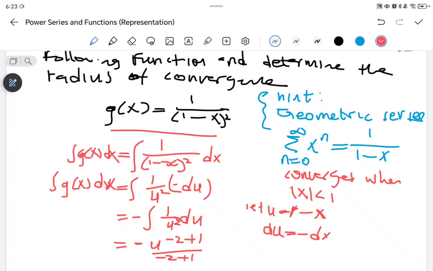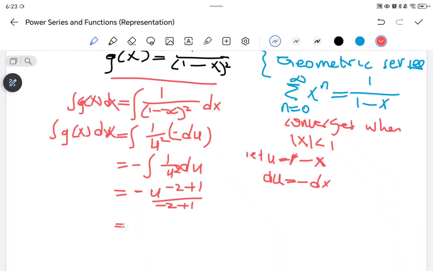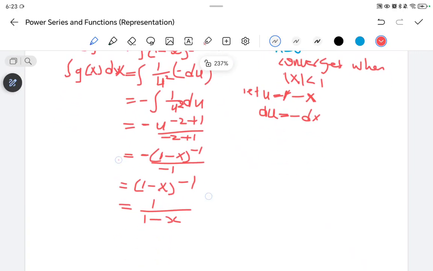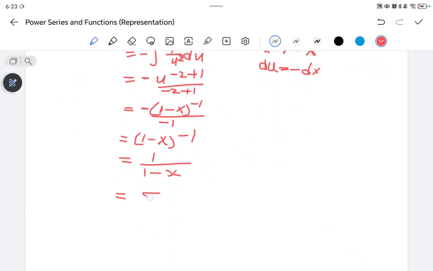Substituting back u equals 1 minus x, this would be minus 1 over minus 1, then the minus signs cancel, and we have 1 over 1 minus x. So I turned that to this.